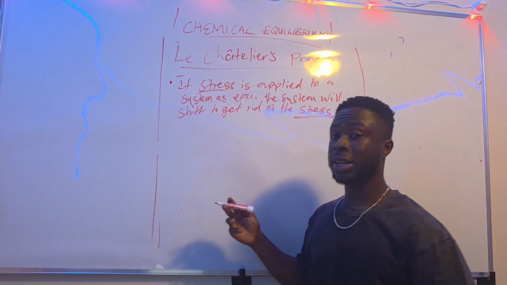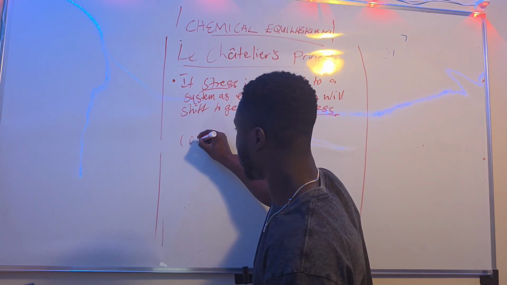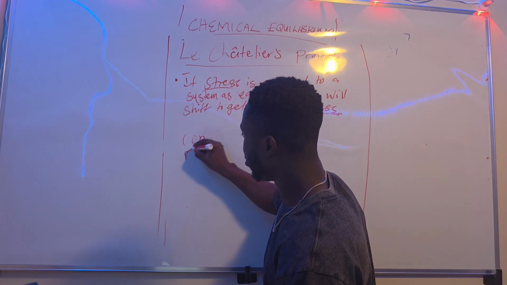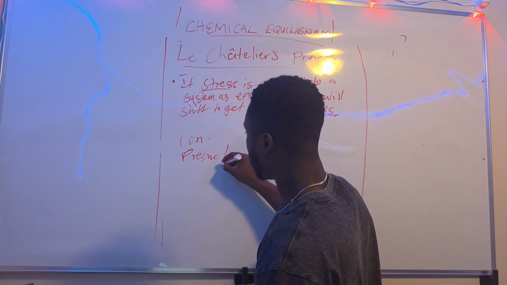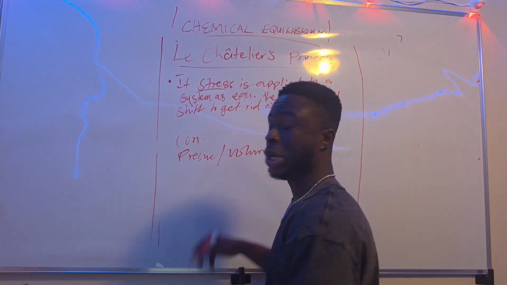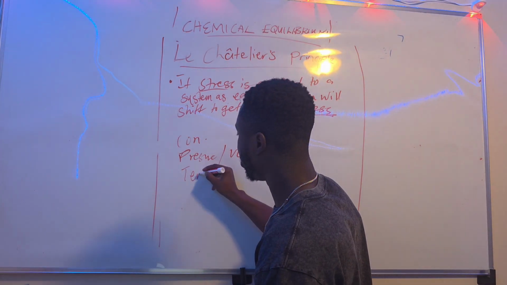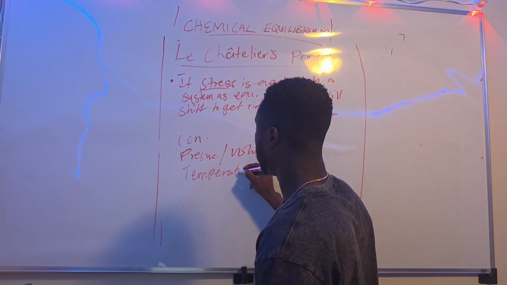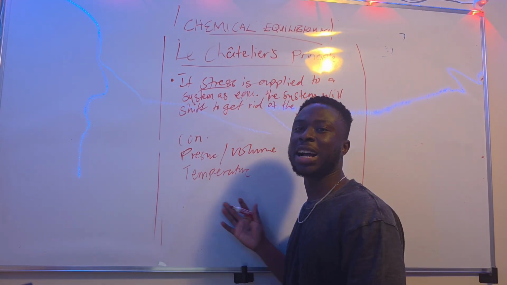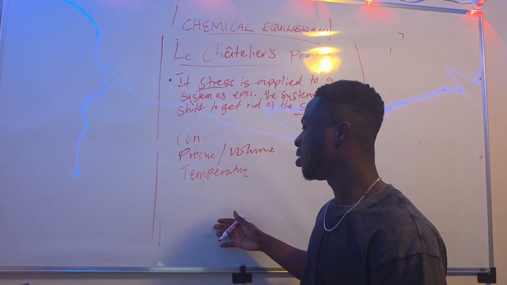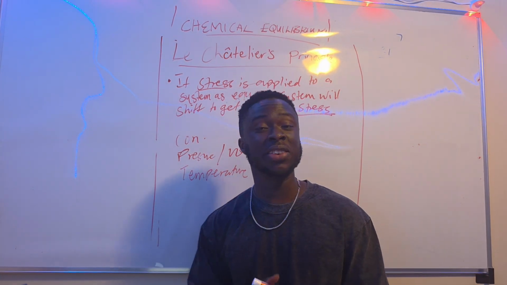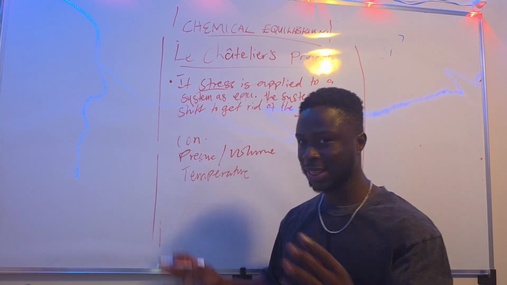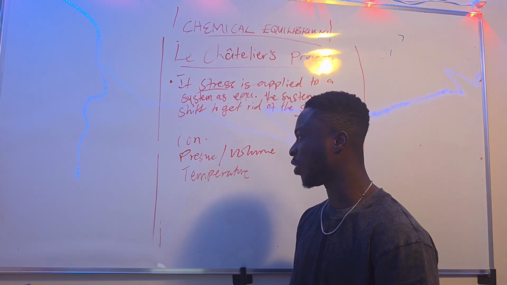Stress here could take the form of concentration, could take the form of pressure or volume, could take the form of temperature, could take the form of enzymatic activities. It could take the form of increasing surface area of a reaction. It could take the form of anything. That is the stress we are talking about over here.